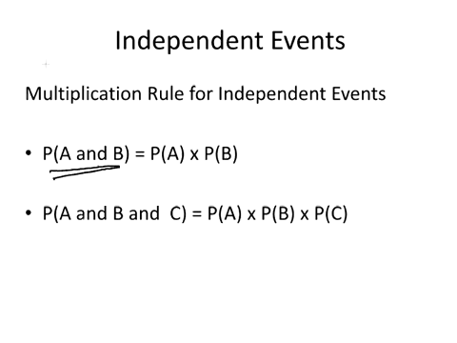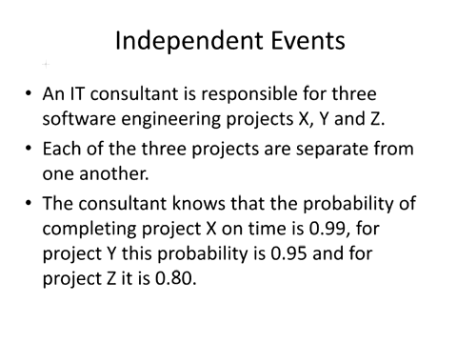So let's look at an example. An IT consultant is responsible for 3 software engineering projects, X, Y, and Z. Each of these 3 projects are separate from each other, so we can assume that these events are independent.